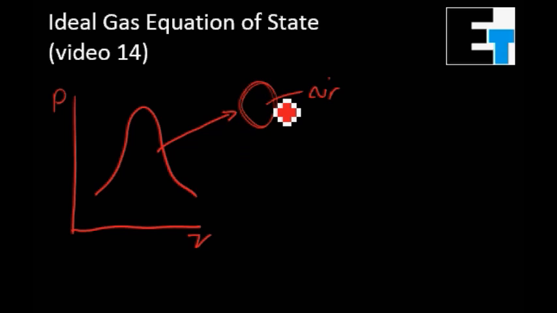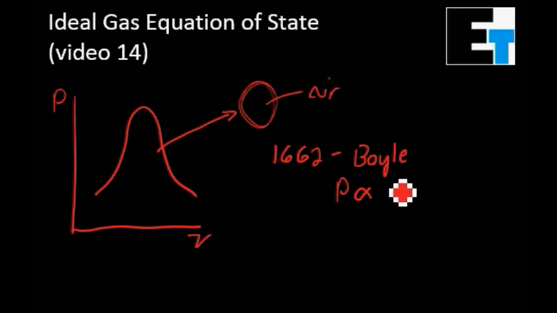Just to give you some quick history, some of you might be interested. In 1662, Boyle discovered that the pressure is inversely proportional to the volume. So as your pressure increases, your volume has to decrease for constant temperature.